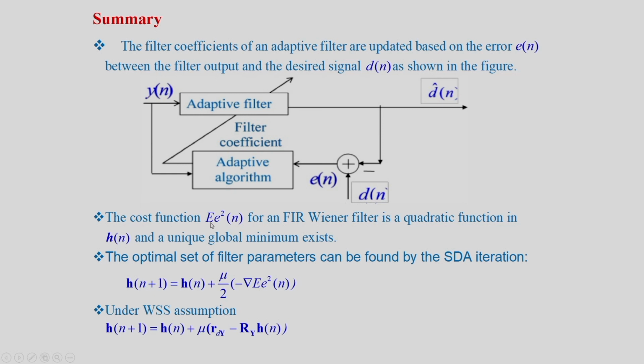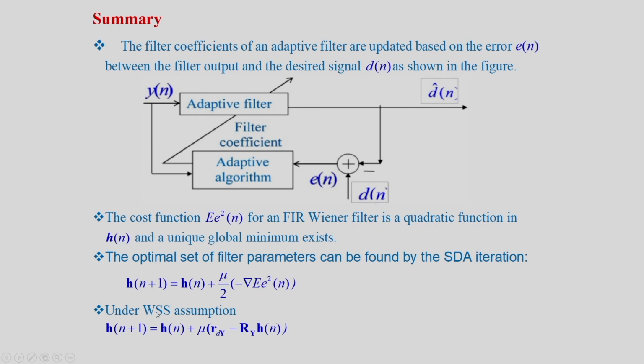The cost function E of e square n for an FIR Wiener filter is a quadratic function in hn, and a unique global minimum exists. Now, the optimal set of filter parameters can be found by the SDA iteration that we have established. h of n plus 1 vector is equal to hn vector plus mu by 2 times minus gradient of E of e square n.